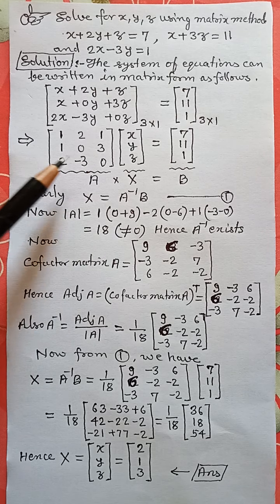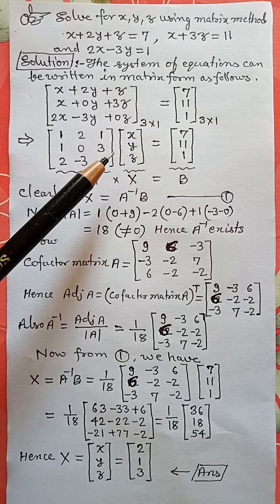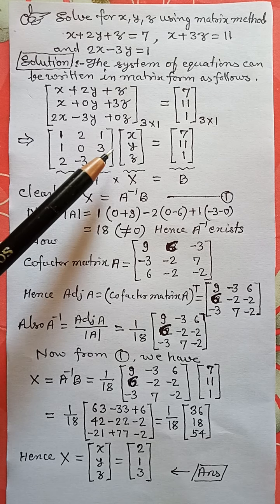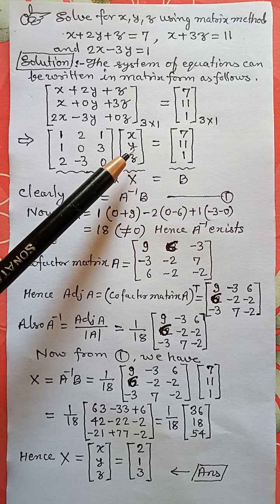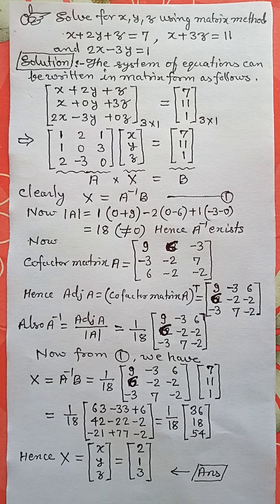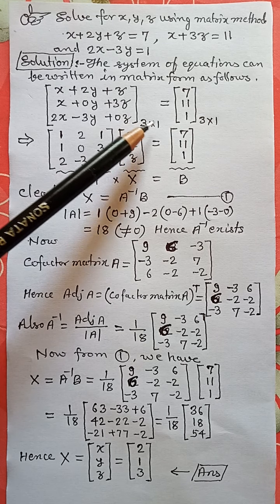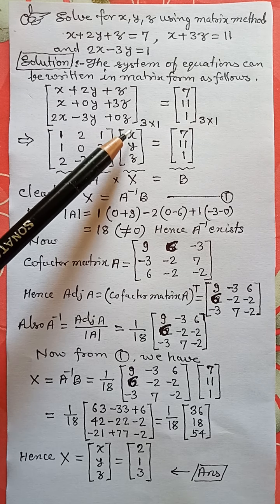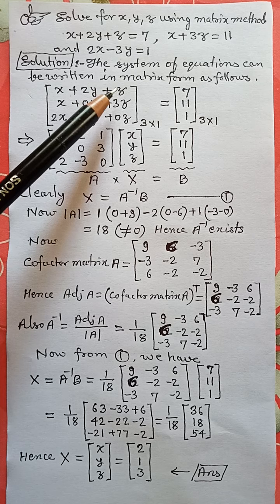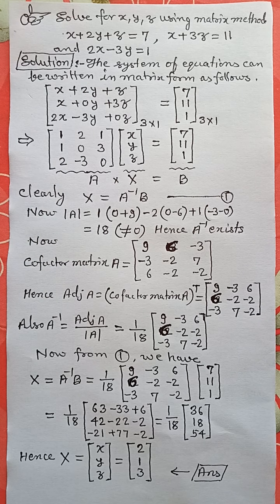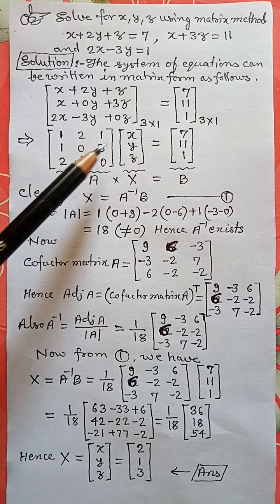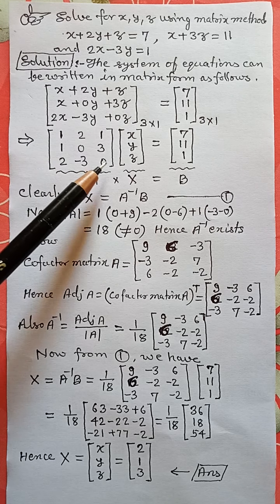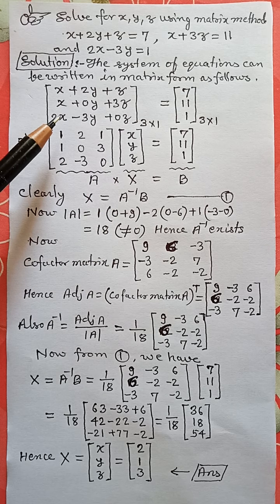You can see here this matrix is a 3 by 3 matrix, and this matrix is a 3 by 1 matrix, and this matrix is a 3 by 1 matrix. Therefore the product is a 3 by 1 matrix. Multiply this row by this column and you will have this. Similarly for the other rows.